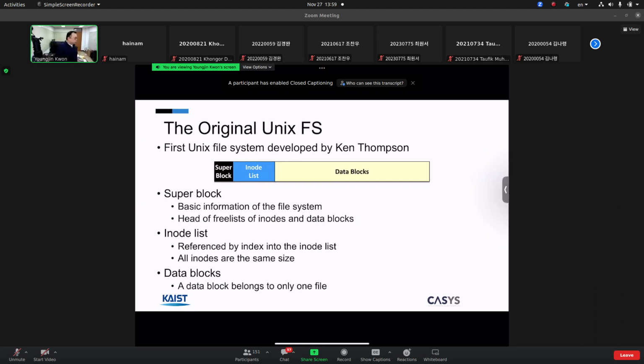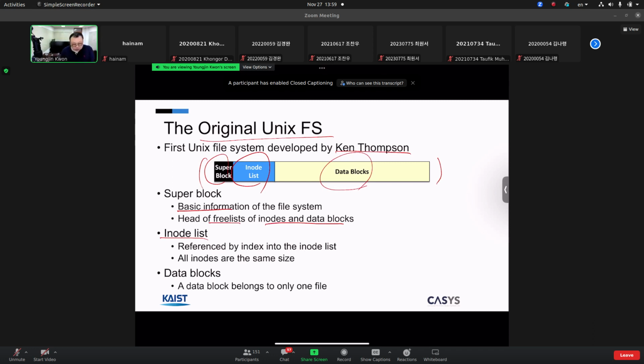So we know the basic background of the file system, and this Fast File System is a new file system improving the original file system. The original file system was developed by Ken Thompson, using a superblock, an inode list, and data blocks. This is the on-disk layout. The superblock has basic information about the file system and the head of the free list, so linked-list-based allocation of inodes and data blocks.